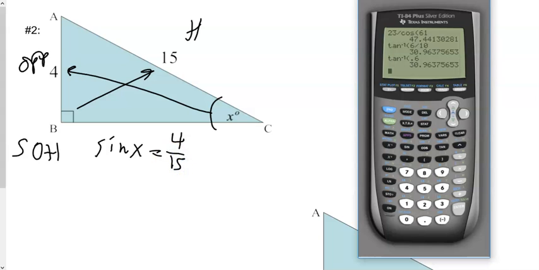And we just type in our calculator. Second sine, 4 divided by 15.